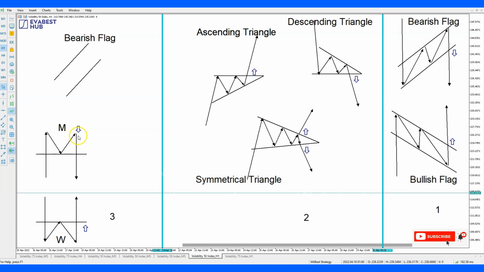So this is M. When M chart patterns occur, you look for sell opportunities. When W chart patterns occur, you look for buy opportunities. So when an M chart pattern occurs, I like to see a bearish engulfing bar, or I like to see an evening star here at this tip of the second leg.